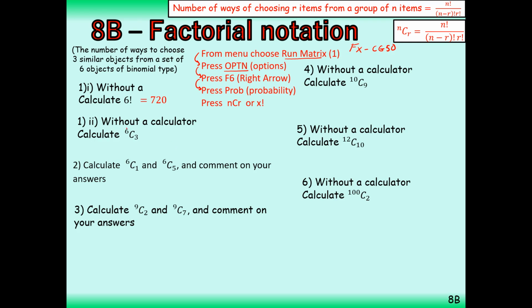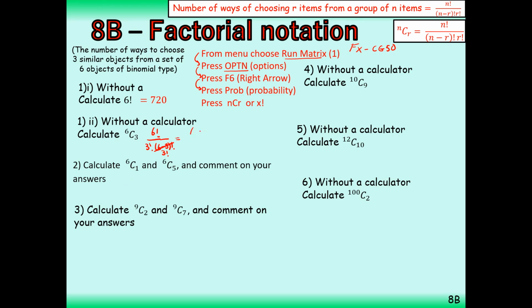Now, without a calculator, evaluate 6 choose 3. So now this is what you would do. 6 choose 3 involves writing 3 factorial in the denominator and then saying 6 minus 3 factorial. This is also another 3 factorial, isn't it? So that I need to evaluate.